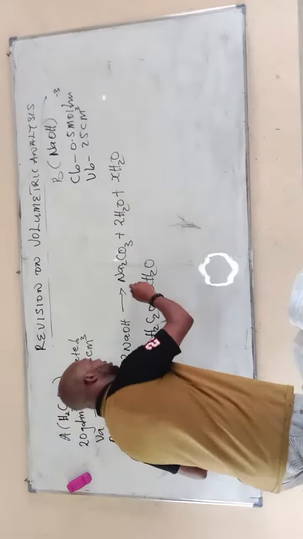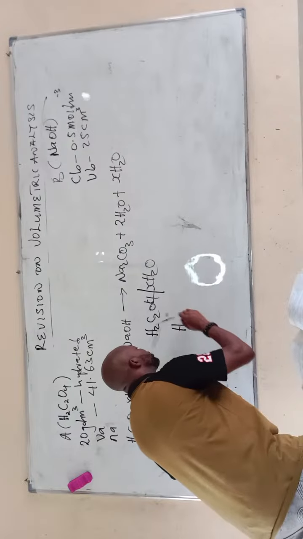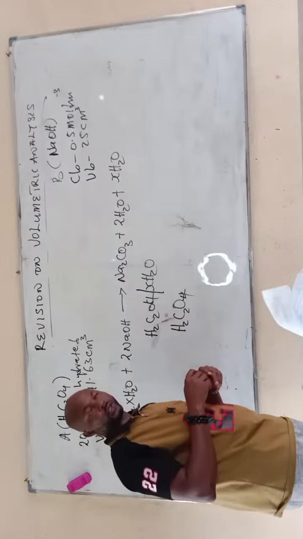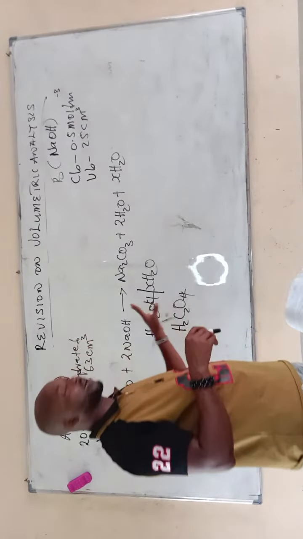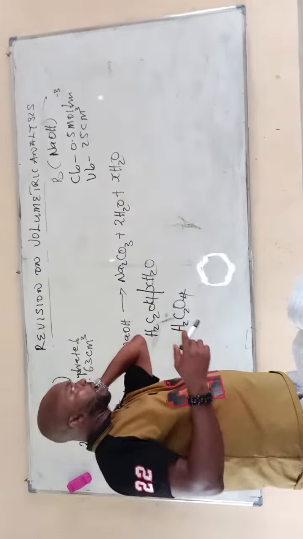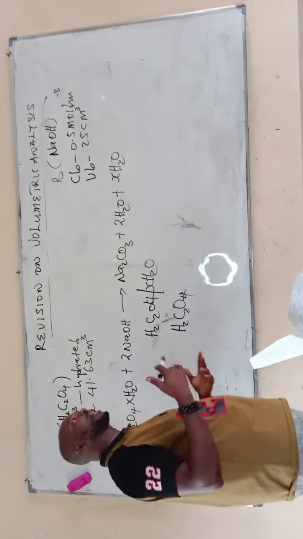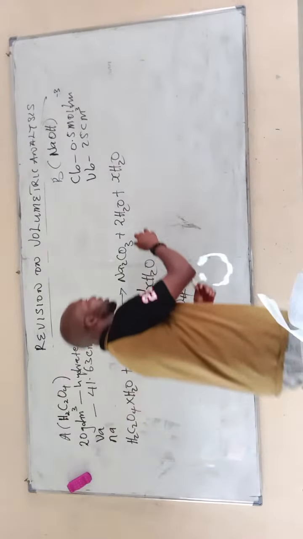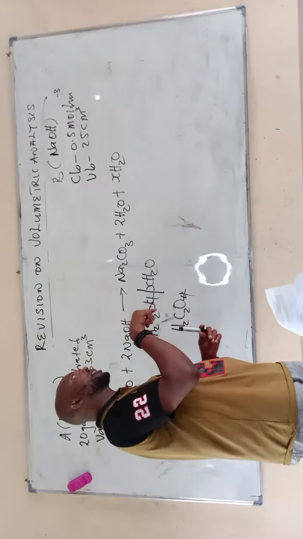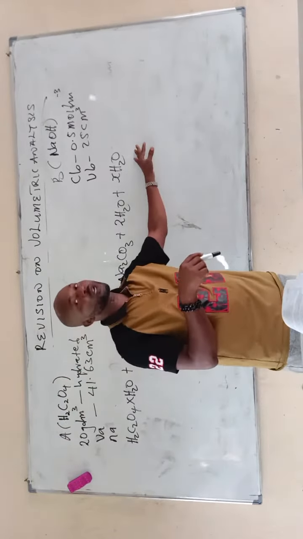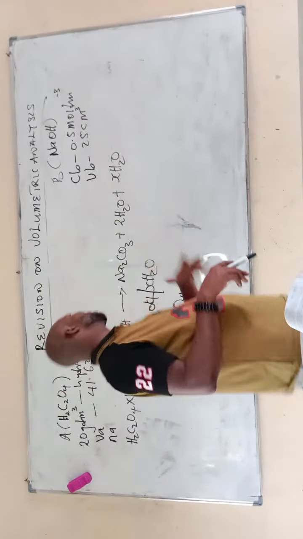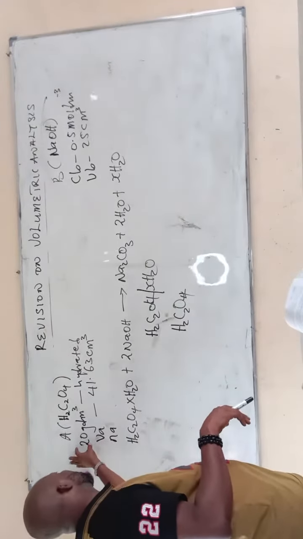But if I take out the water, I have H2C2O4. This is anhydrous, without water, acid, because the water molecules are out. Why am I making this distinction? Because the formula says the relative molecular mass of the hydrated acid over the mass concentration of the hydrated acid is equal to the relative molecular mass of the anhydrous acid over the mass concentration of the anhydrous. They have given us the mass concentration of the hydrated.